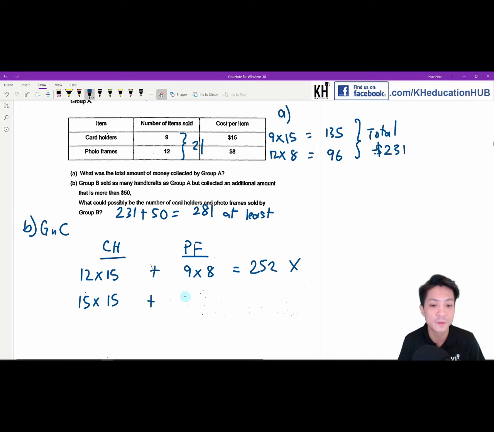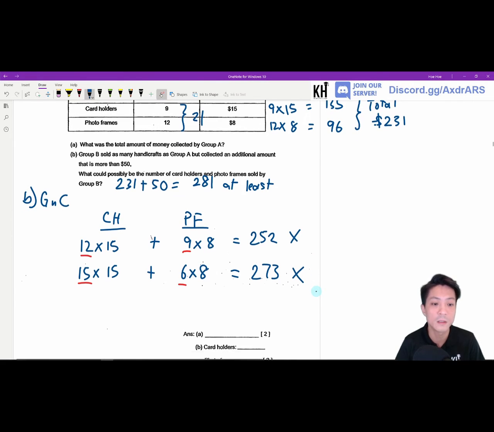15 times 15. So if 15, this will be 6 times 8. Okay, remember these two numbers must add up to become 21. 15 times 15 plus 6 times 8 is 273, we're getting closer, so I'm going to increase it by one more. 16 times 15 plus 5 times 8 is $280.